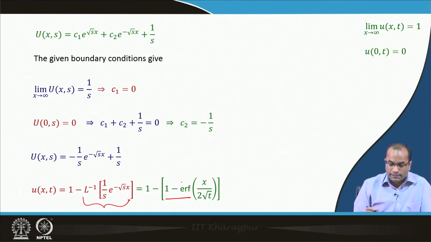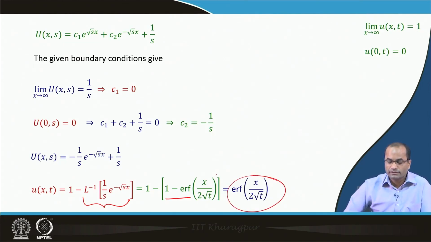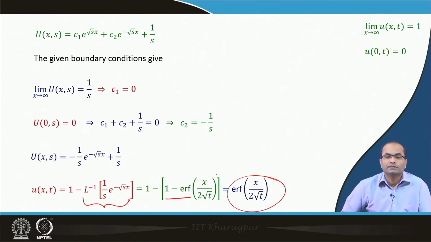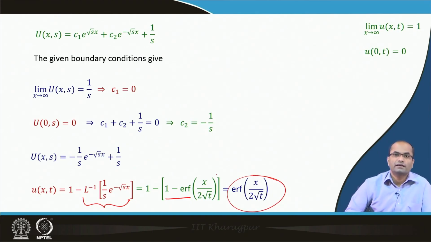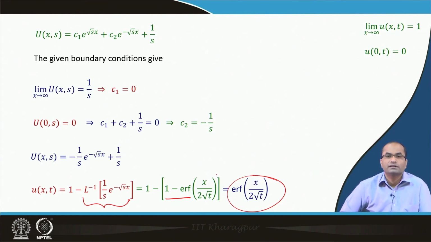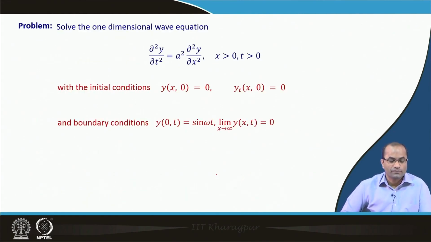So, the 1 and 1 get cancelled, and we have the error function x over 2 square root t. This is the application of the error function for solving this heat equation.